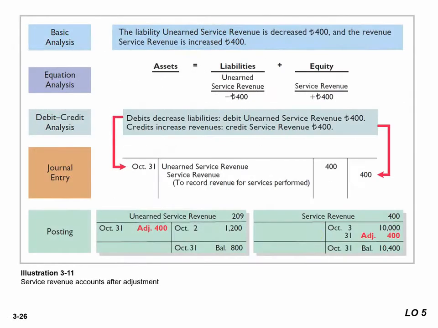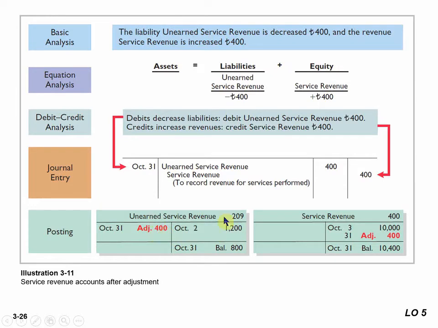So let's check the T account or the ledger account for these accounts. So here we have on October 2, 1,200 of unearned service revenue. This is a liability account. It was on credit, and because we provided services for 400, this liability is decreased by 400 or debited by 400.